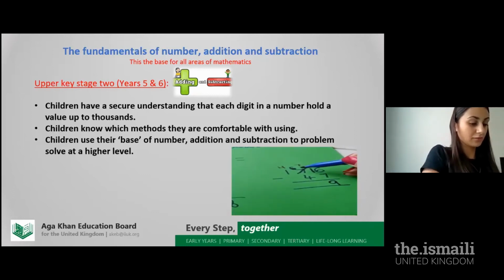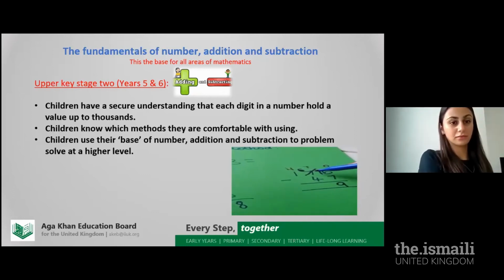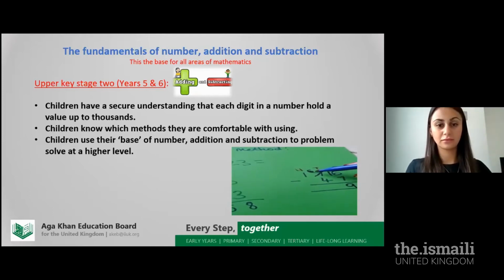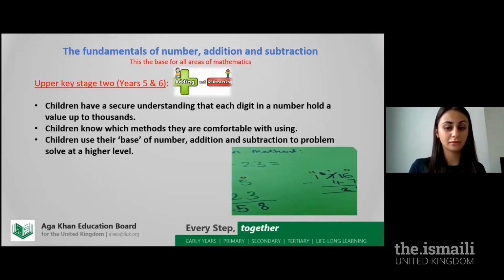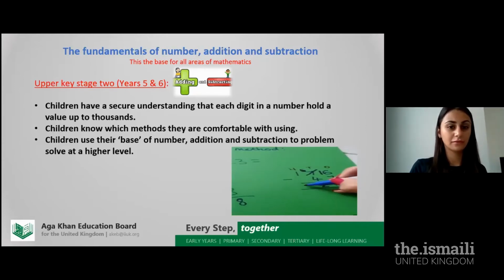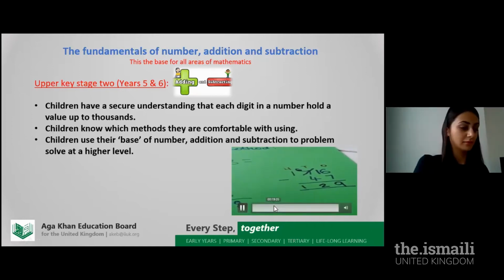Okay, this is 6 tens now, not 7 tens anymore because we exchanged. 6 tens take away 4 tens, which is 2 tens or 20, and then we've just got our hundreds. So that would be 129.